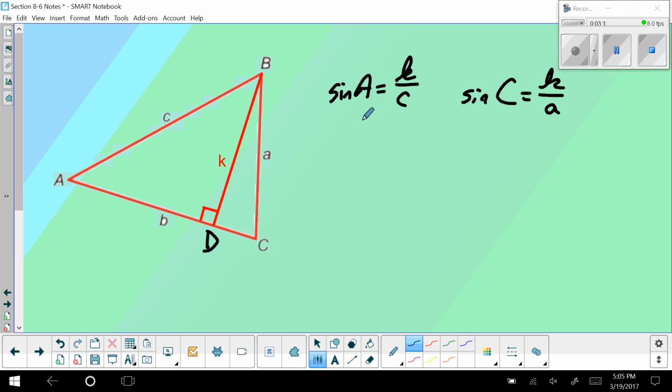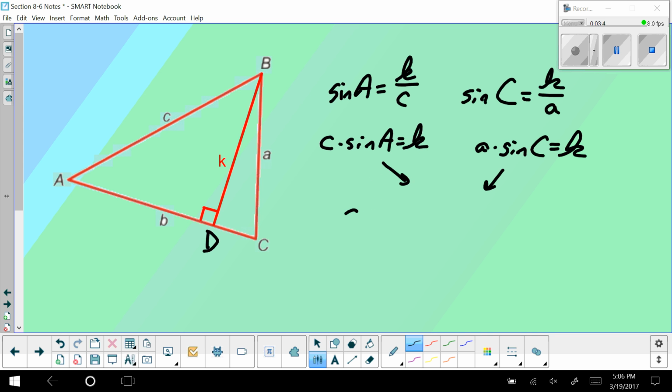Well, I have 2 equations here. If I get K by itself in each of these, so for this equation, I would have C times the sine of A is equal to K. For this equation, multiplying each side by A, I get A times the sine of C is equal to K. Well, I can now do substitution for K and set these 2 equations equal to each other.